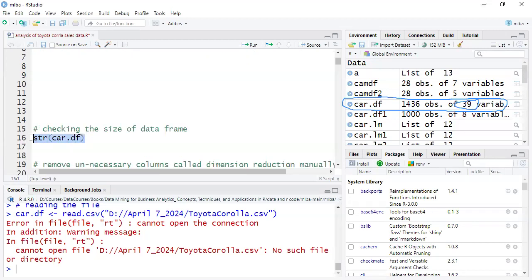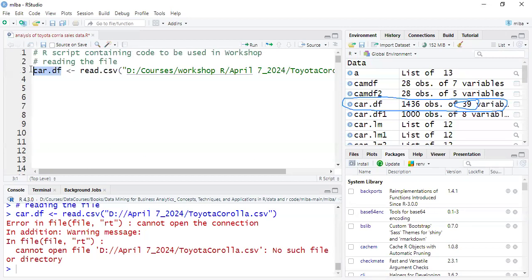The next command is the structure command. You want to see the structure of this data frame. Now, the entire file throughout this script, I will represent by this name, car.df. So car.df is what? Car.df is my data frame, which contains all of this data, 1436 rows and 39 columns.